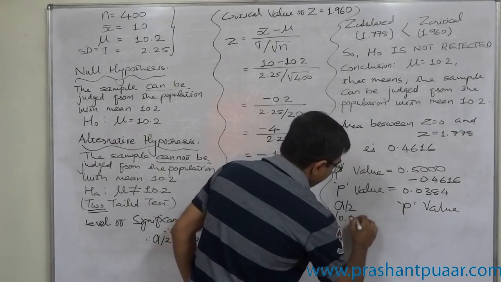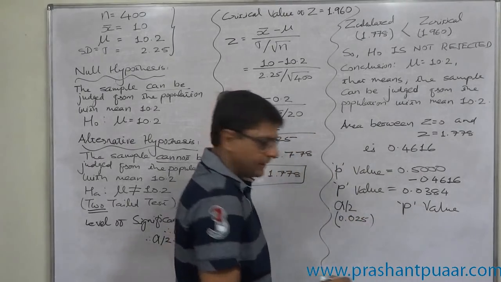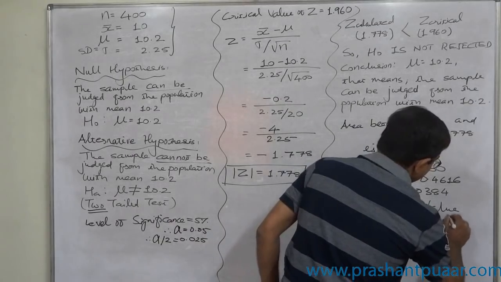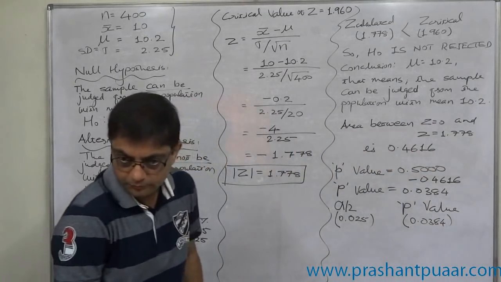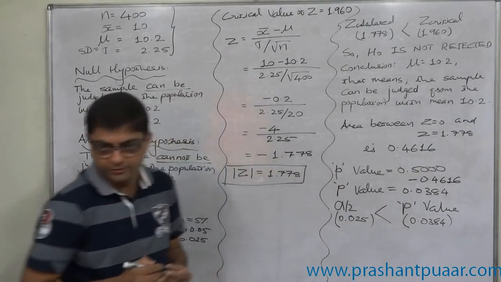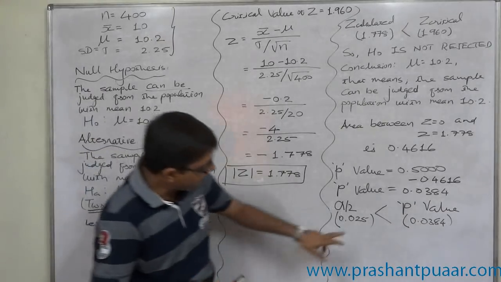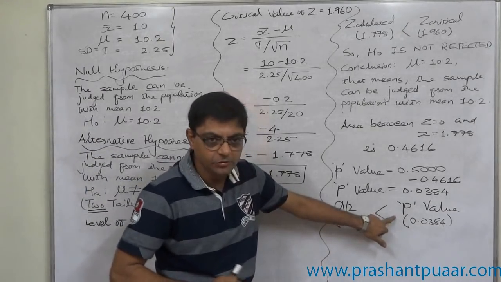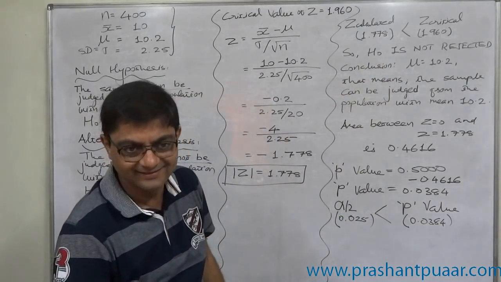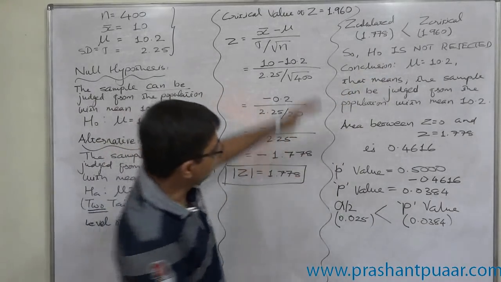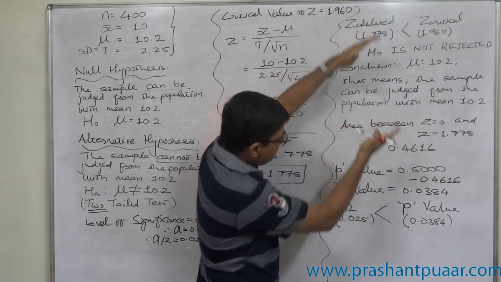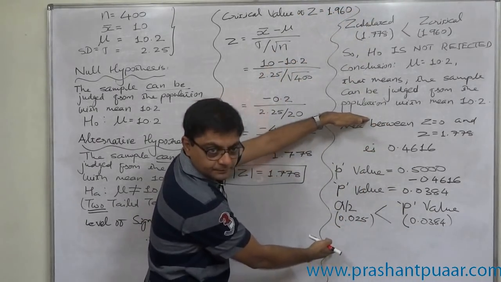For us it is 0.025. And what is p-value? It is 0.0384. Now we can compare these two. Alpha is less than p-value. If alpha is less than p-value, then the null hypothesis is not rejected. Instead of, or rather as a substitute of this part, we can also use this part.